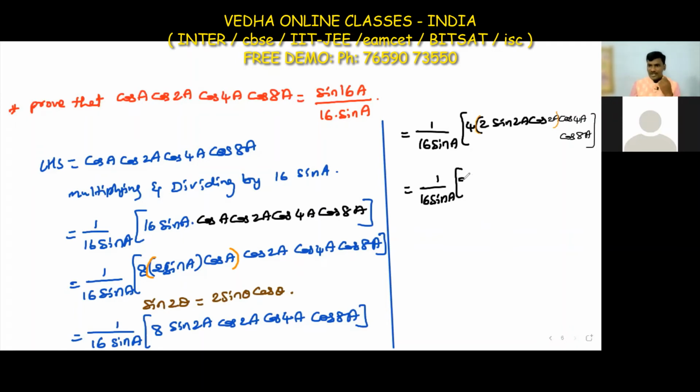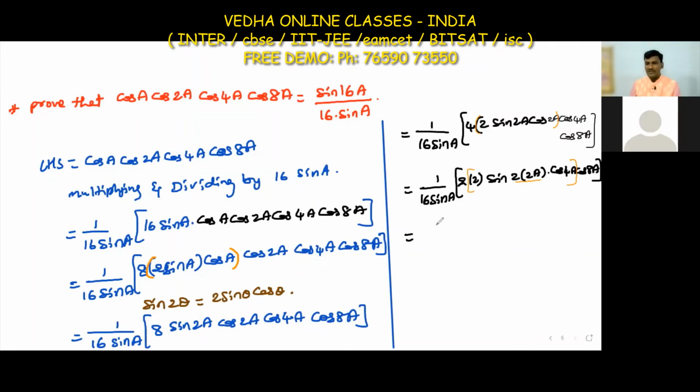This 4 I am writing as 2 into 2, and 2 sin 2A cos 2A becomes sin 2 theta again, that is sin of 2 into 2A, that is sin 4A, and cos 4A and cos 8A as they are. Now the next step: 2 sin 4A cos 4A, we can apply the formula once again.